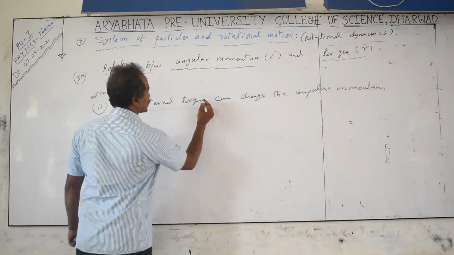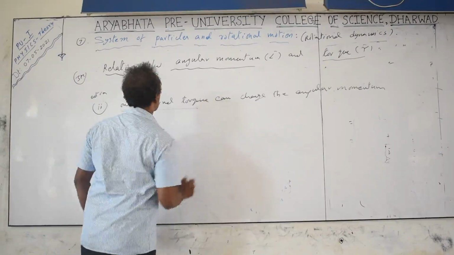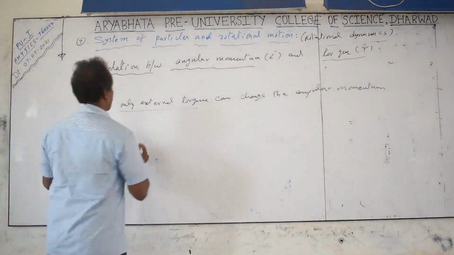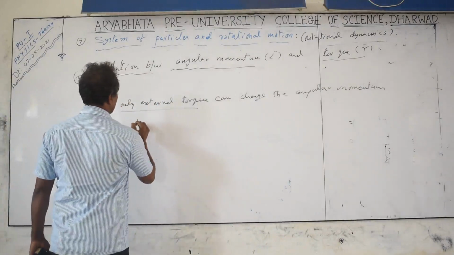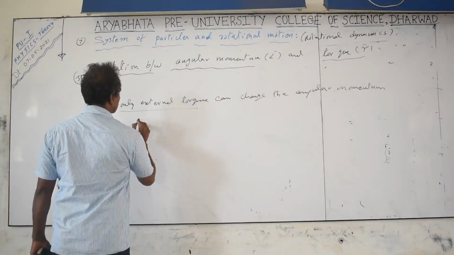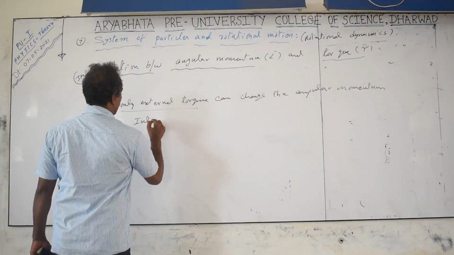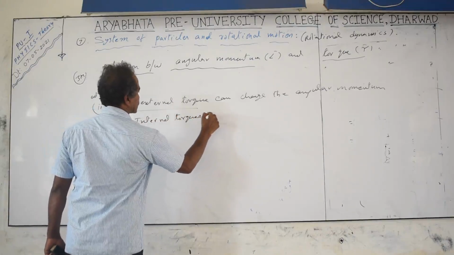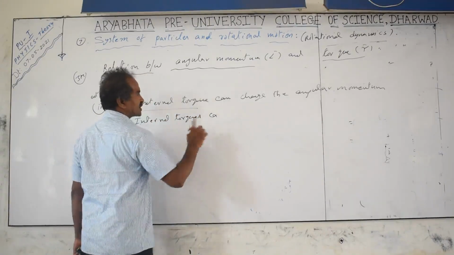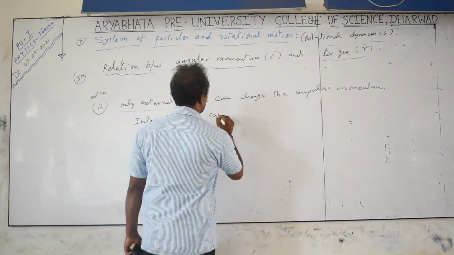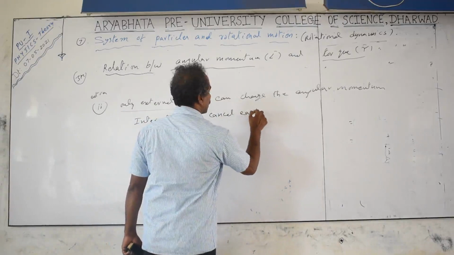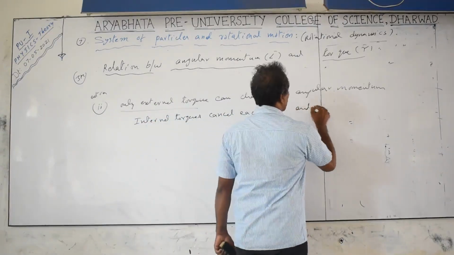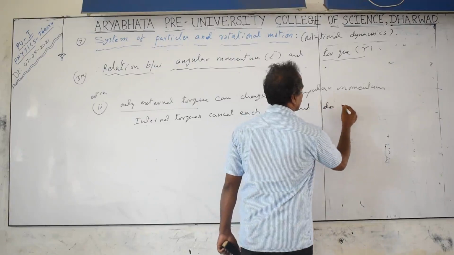Internal torques do not affect the angular momentum. Internal torques cancel each other. If you take two, they are equal and opposite and cancel each other, and do not change the angular momentum.